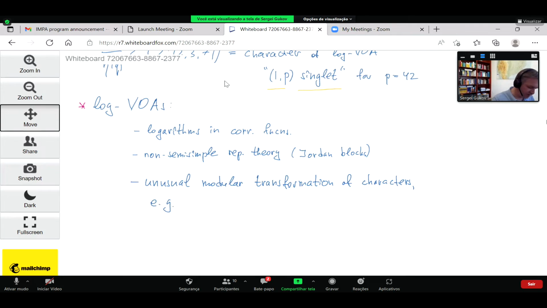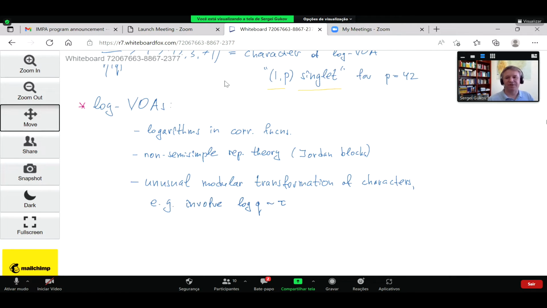For instance, they involve log of q. That's another sense in which we're talking about logarithms, which is tau. So that's of course not the usual feature of usual characters.